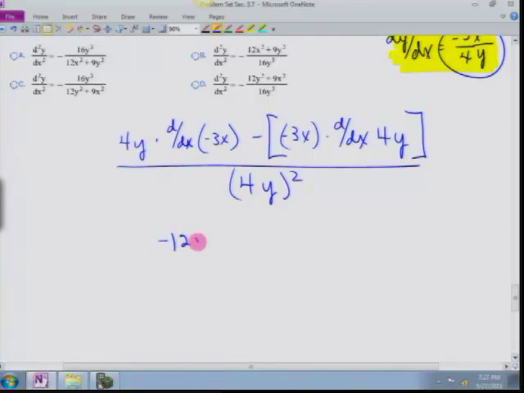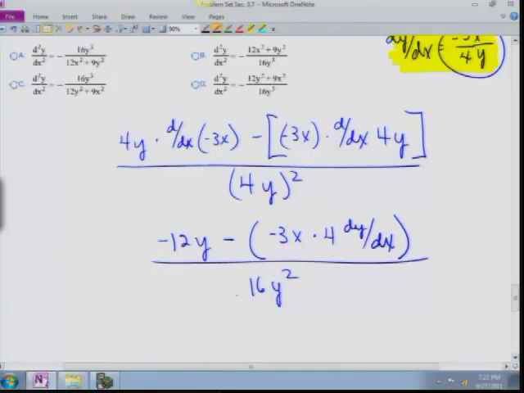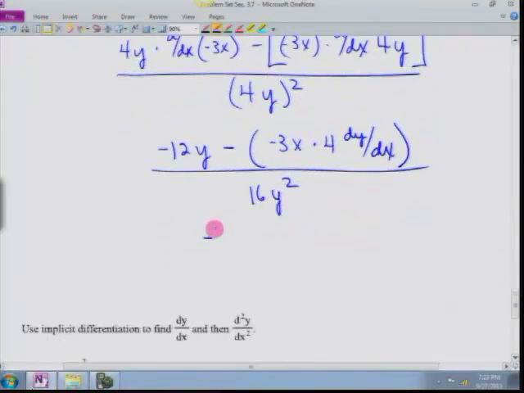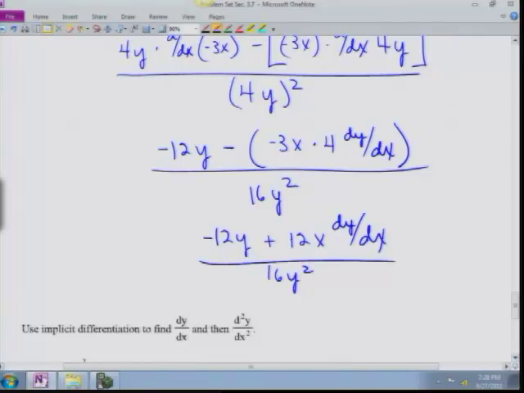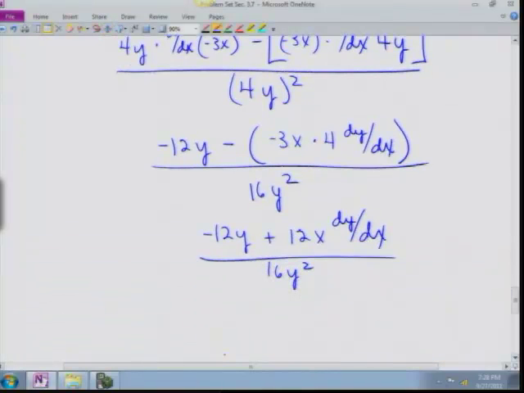Negative 12y, minus, minus a negative, we got negative 3x times 4 dy dx, over 16y squared. Do we agree with that? Okay, and so in here, this is negative 12, so it's going to be a plus 12x dy dx. Okay, so negative 12y plus 12x dy dx over 16y squared. Everybody good with that? Okay.